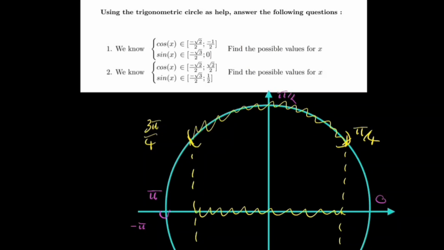And when is the sinus equal to 1/2? This happens in pi over 6 and 5 pi over 6. Okay, between those 2 points, this will be greater than 1/2.